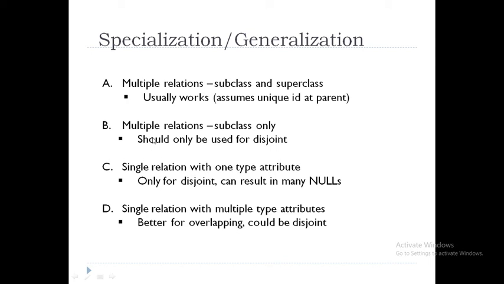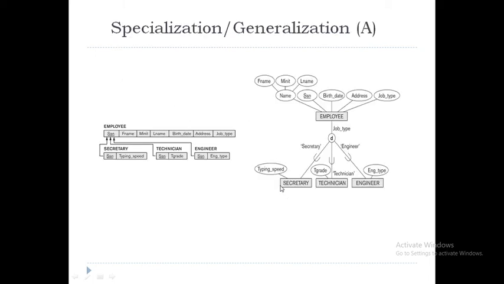Okay, so here usually we'll go for multiple relations, and if it is a disjoint, we can apply multiple relations for only the subclasses. And single relations, if you use the disjoint, then it can have more null values. Okay, we'll see these examples now. The first one here, see here employee, and it is generalized, or we have different specializations as secretary, technician and engineer.